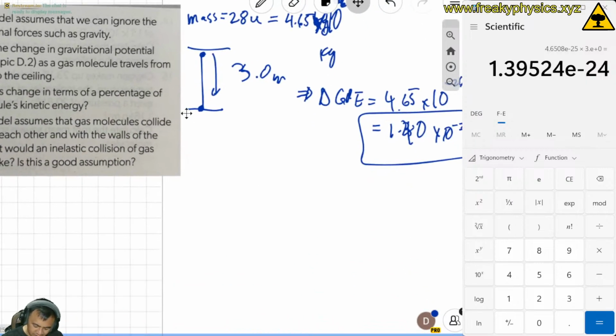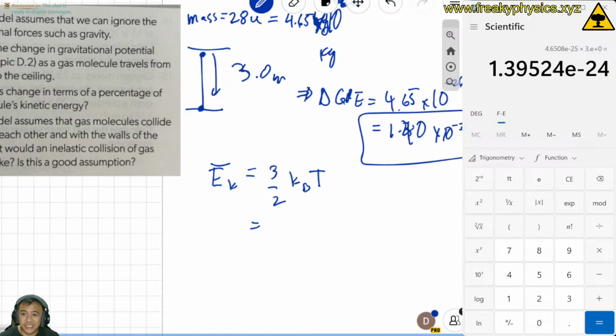How do we calculate the kinetic energy? Again, data booklet. There is a formula that relates temperature to kinetic energy. The average kinetic energy is equal to 3/2 Boltzmann's constant times T. We already know the Boltzmann constant from earlier, and we know the temperature, that's room temperature. So we put that in here. I'm going to cheat a little bit and just check Google for the actual value, but we can calculate it from here.